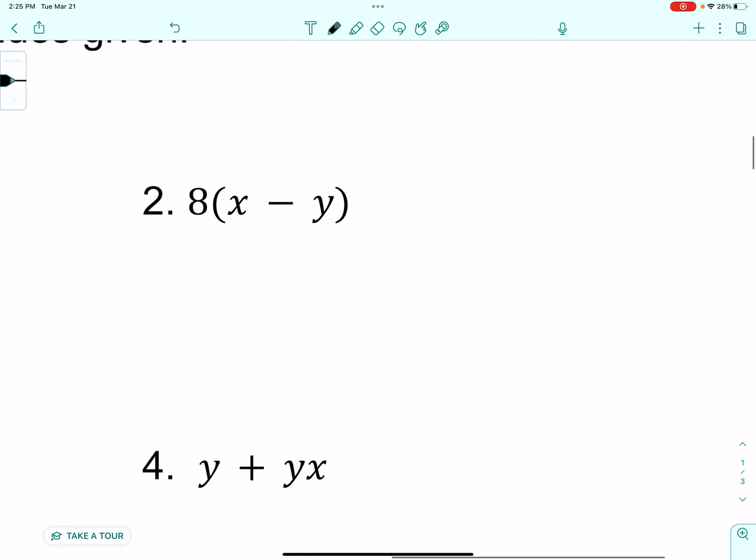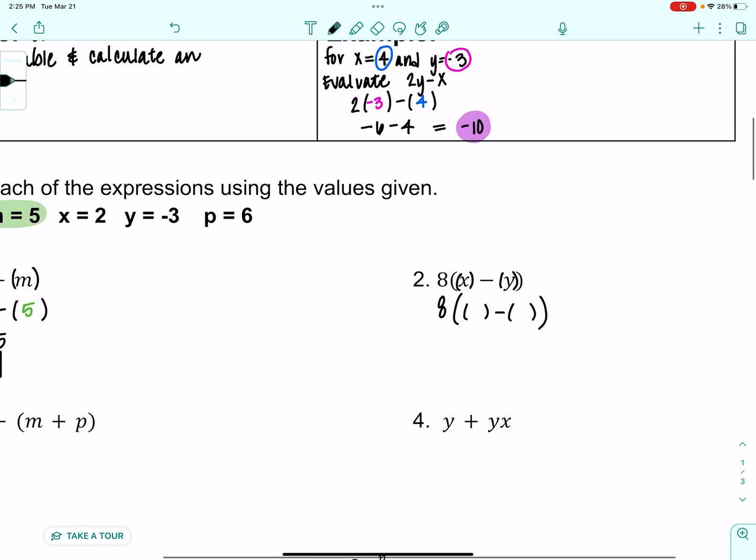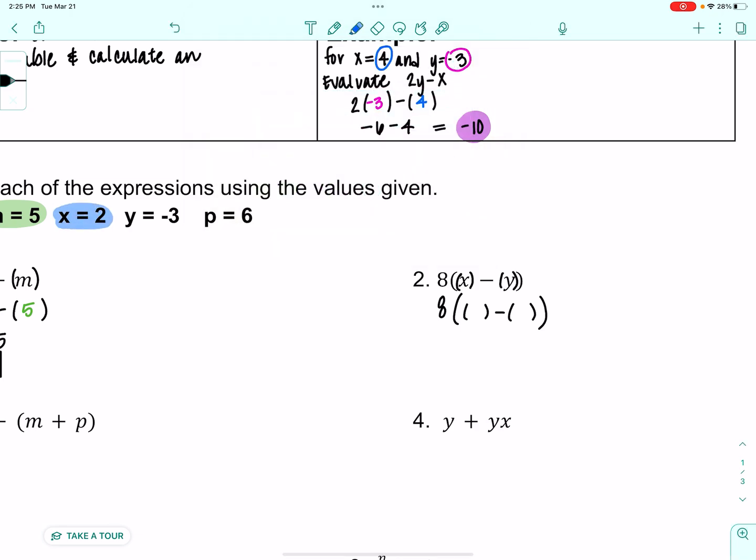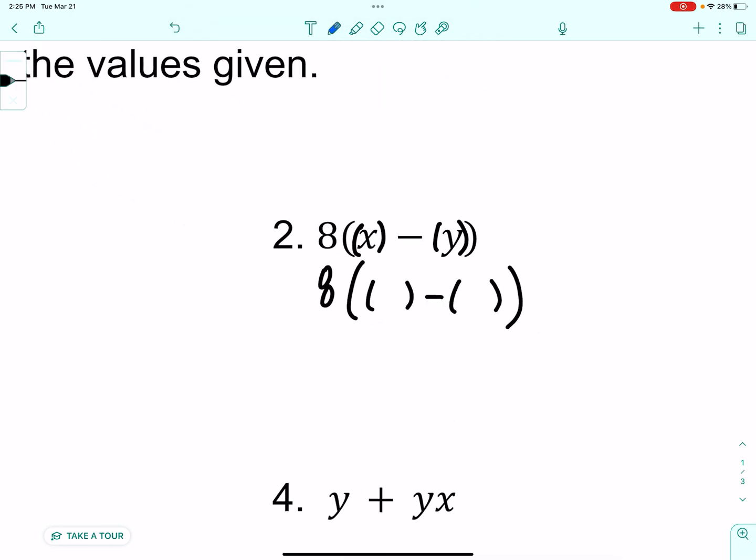So if we go look at 2, I'm going to end up stacking parentheses, and that's okay. I want to create holes where my x and my y go. So this would be 8 times whatever I substitute for x minus whatever I substitute for the y. Now this tells me that x is 2. So I'm going to plug a 2 in the x spot.